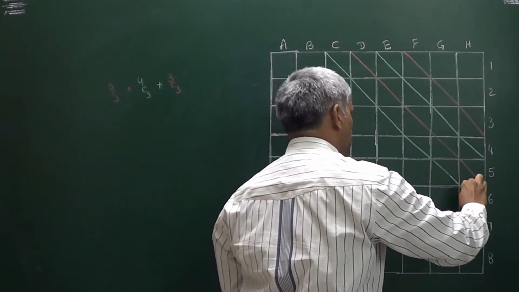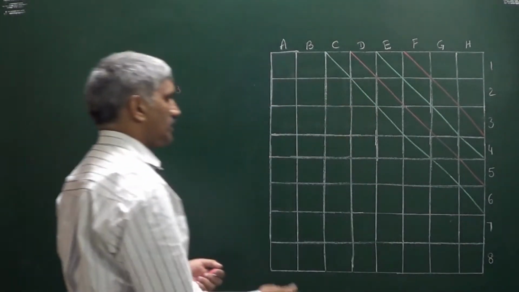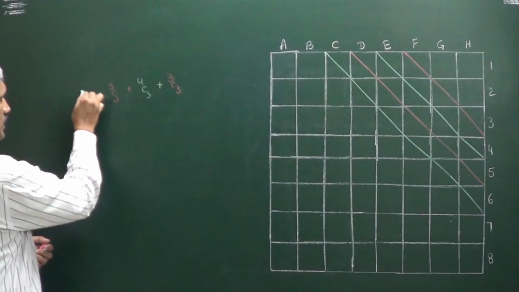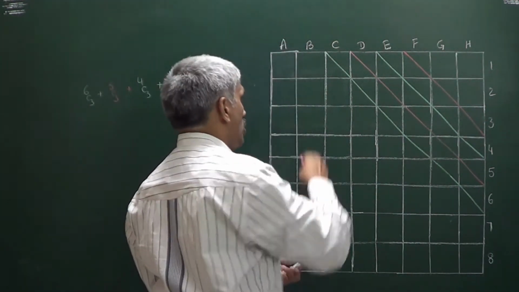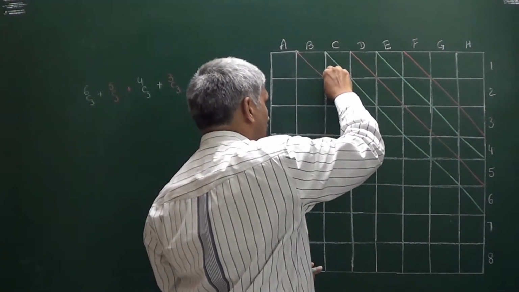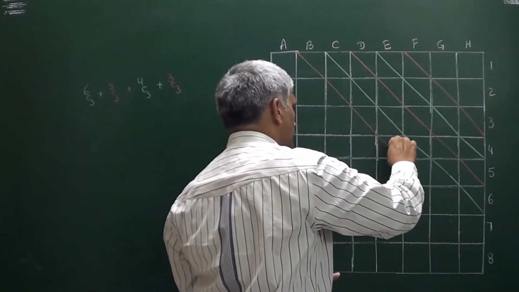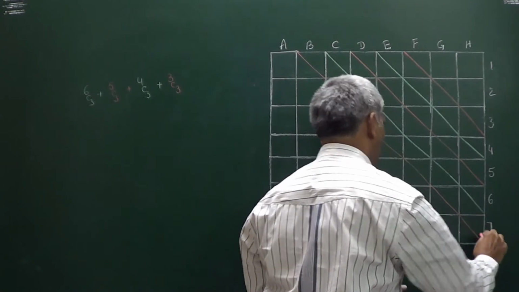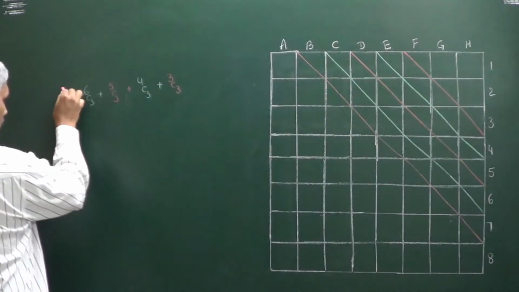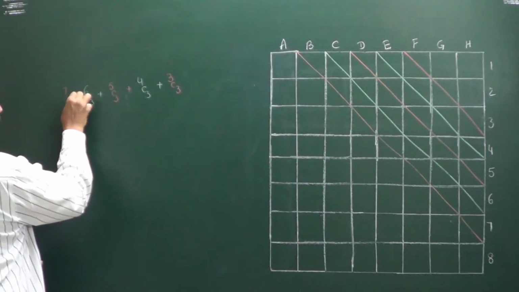From these 6 squares again you can select any 3. Next you can observe here, along this diagonal total 7 squares are there. From these 7 squares you can select any 3. So that's why you will get here 7C3.